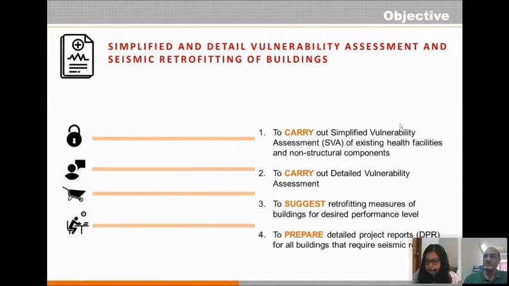And whatever retrofit measures you suggest, you have to take a proper judgment, so that the recommended measures can be easily implemented, technology is available, appropriate skill is available, and cost economics is also taken into account. In no case should the retrofitting cost be more than 50% of the reconstruction cost.